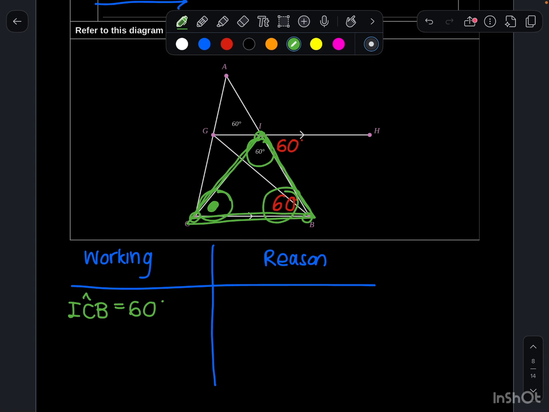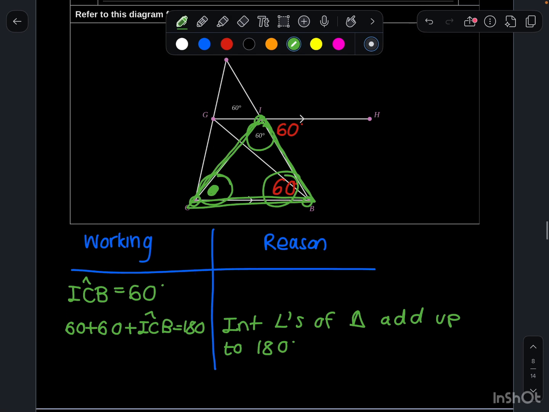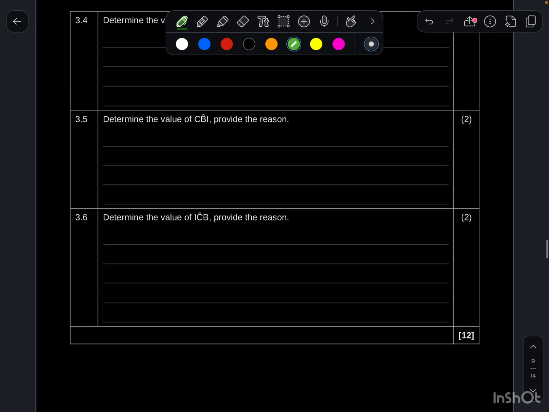This is because 60 plus 60 plus ICB has to add up to 180 degrees, because the interior angles of a triangle add up to 180 degrees. Okay, 3.6 all done.